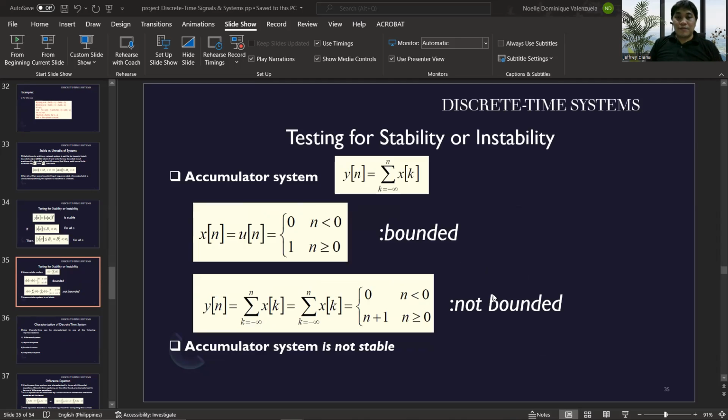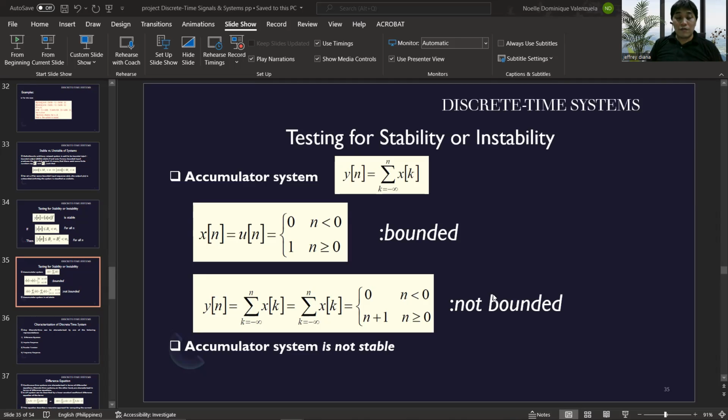So let's test for the stability or instability. For the accumulator system, y(n) equals the summation from k equals negative infinity to n of x(k). So for x(n) equals u(n), which is 0 for n less than 0 and 1 for n greater than or equal to 0, this is bounded.